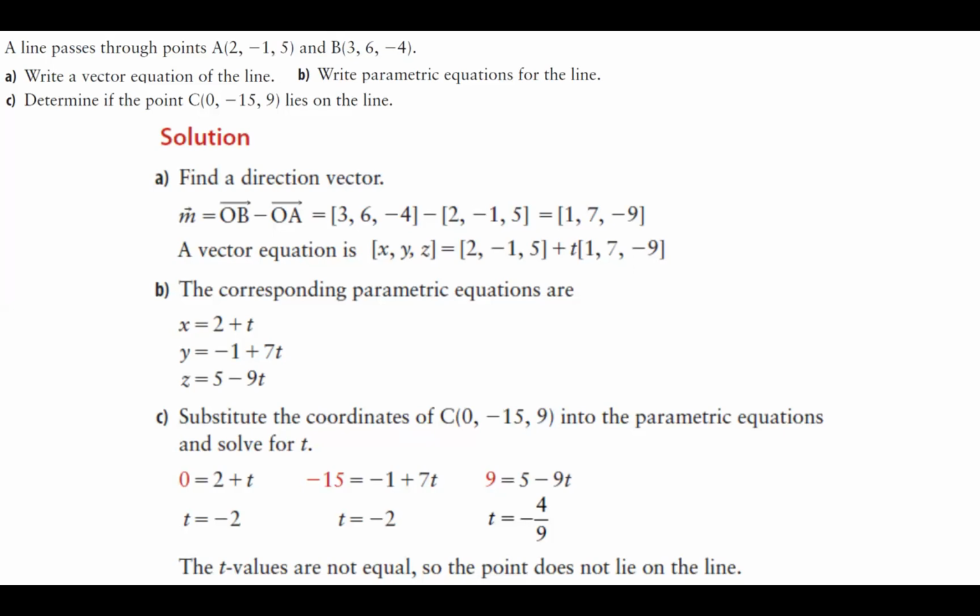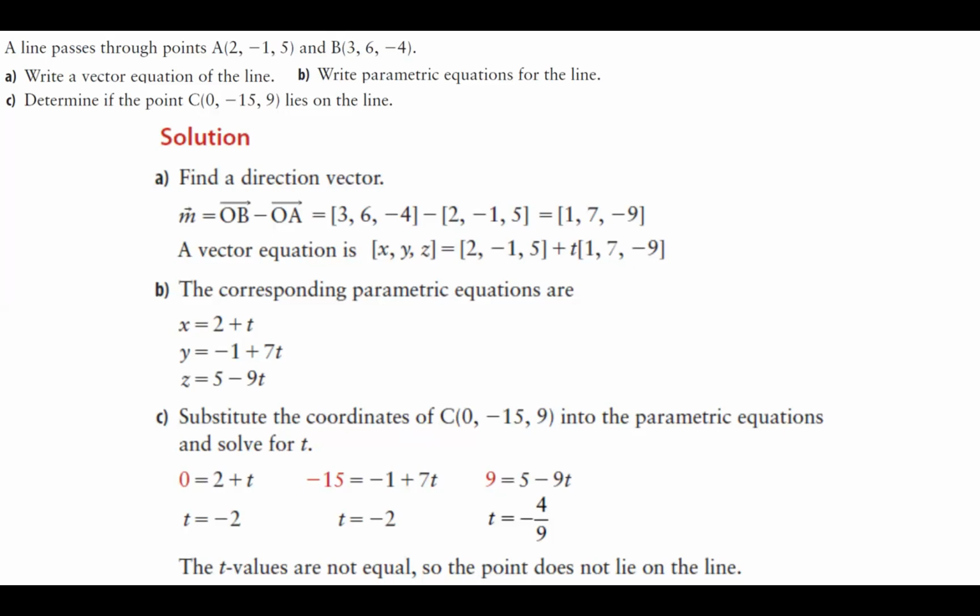So in this case, we have 0 equals 2 plus t, which gives us t equals -2, and -15 equals -1 plus 7t, which also gives us t equals -2. But for the z component, we have 9 equals 5 minus 9t, which gives us t equals -4/9.